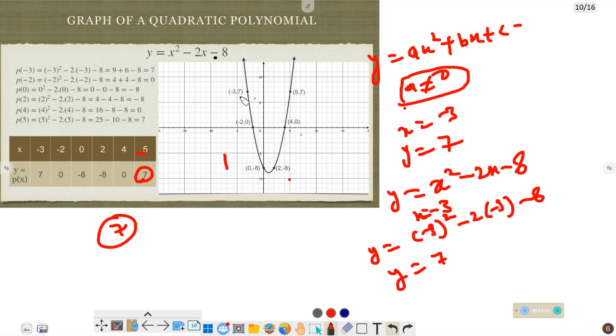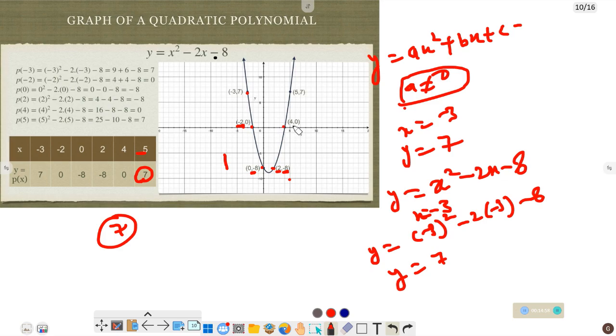And x equal to minus 2, y equal to 0. This point is here. And x equal to 0, y equal to minus 8. X equal to 2, y equal to minus 8. This is another point.